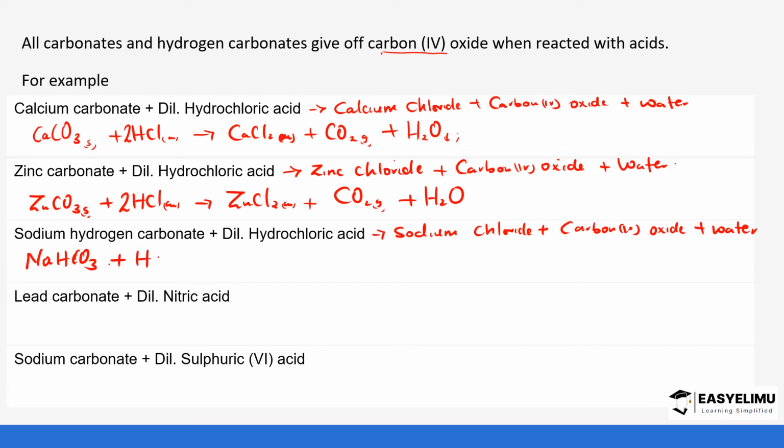So sodium hydrogen carbonate reacts with aqueous hydrochloric acid to form sodium chloride plus carbon dioxide plus water. So let's balance this equation. We have one sodium, one hydrogen on one side and two hydrogens on the other, one carbon, 3 oxygen, 3 oxygen.